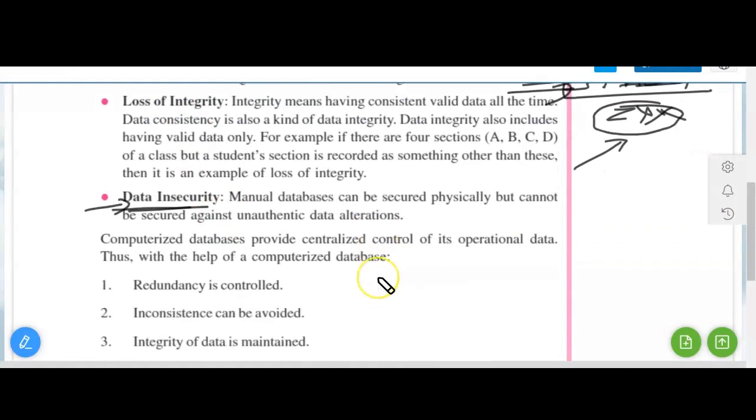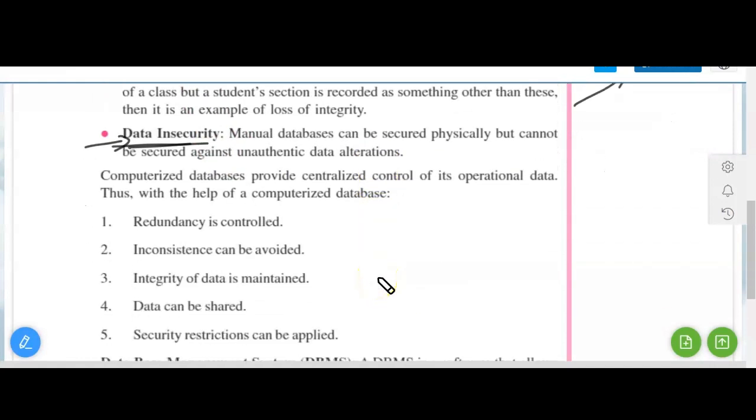Computerized databases provide centralized control of their operational data. That means when this used to happen in record form or manual form, these kinds of problems were found.